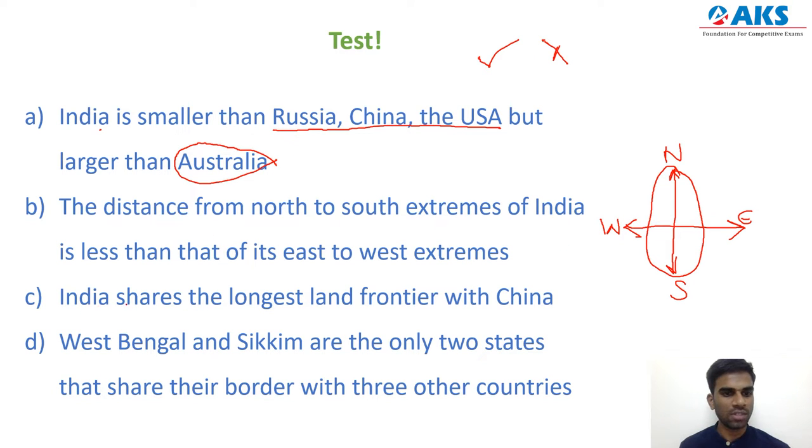The third statement says India shares the longest land frontier with China. That is, India shares the longest land boundary with China.